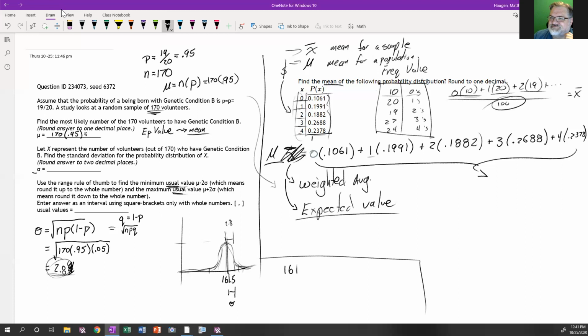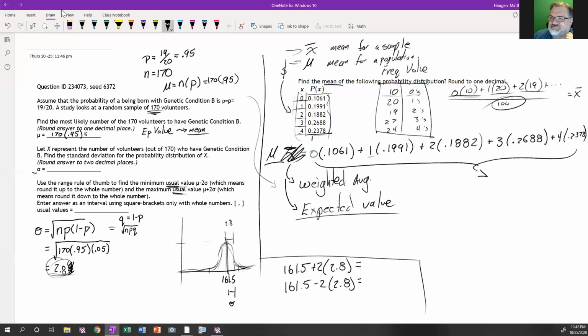So 161.5 plus 2 times that standard deviation, 2.8, is going to give us our high bound, and 161.5 minus 2 times the 2.8 is going to give us our low bound. So let's find that.